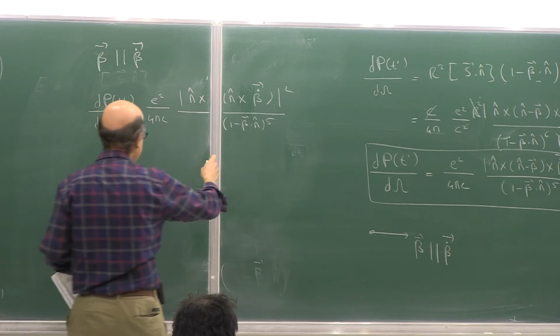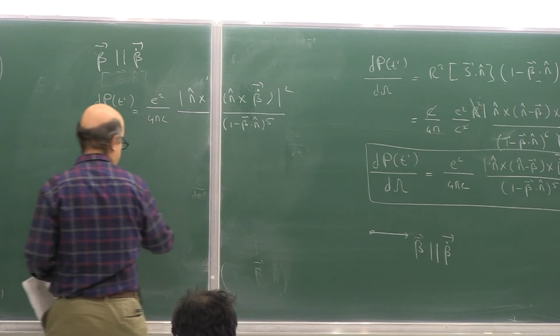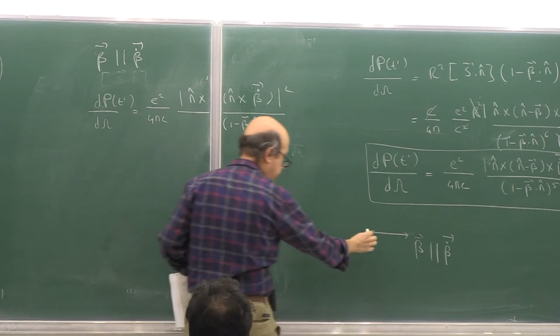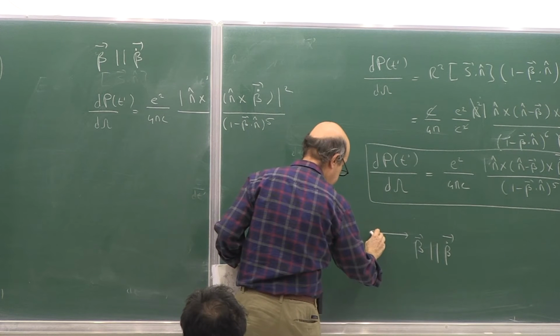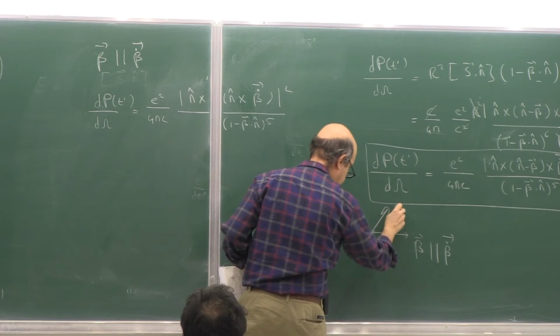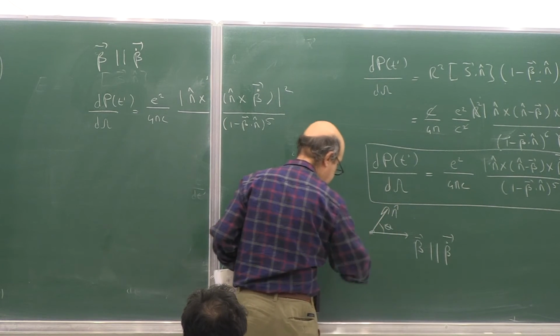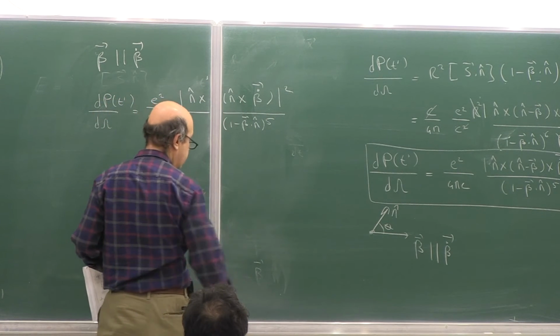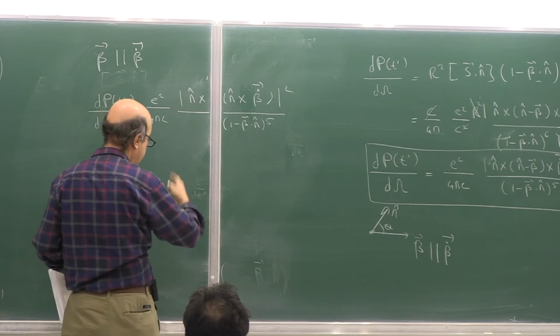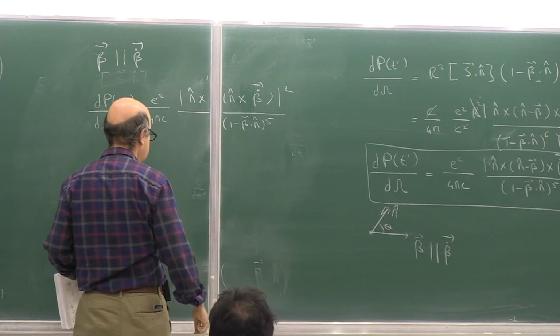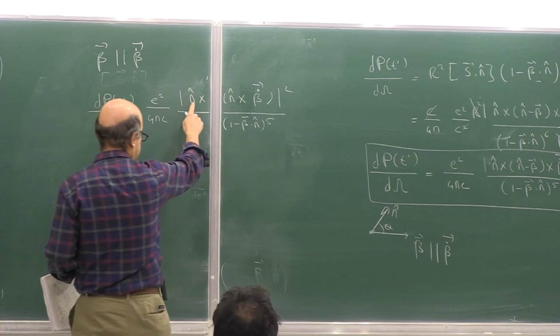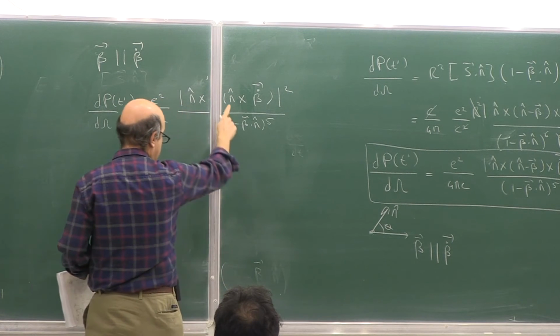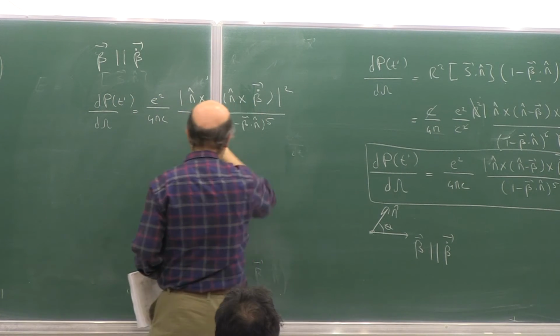So basically, let us look here. Beta and beta dot are parallel to each other, and we are looking somewhere else, and that is the angle between beta and beta dot. So n cross beta dot gives sine theta, and the remaining n cross gives another factor, because n cross beta dot is orthogonal to n.